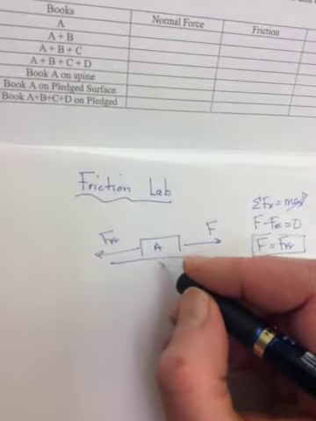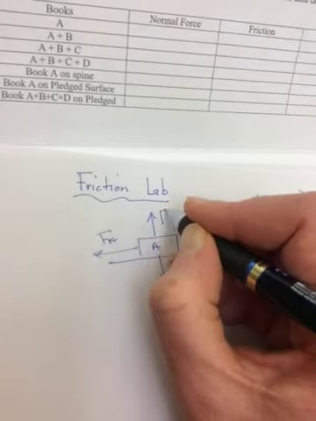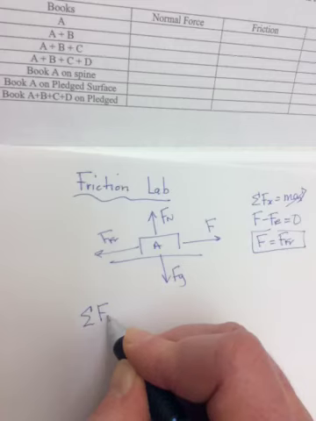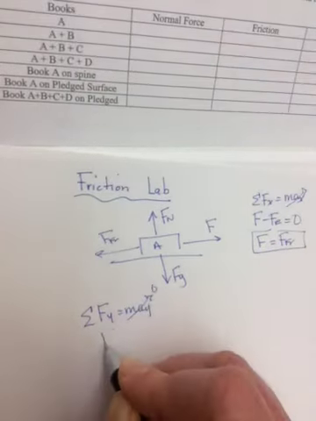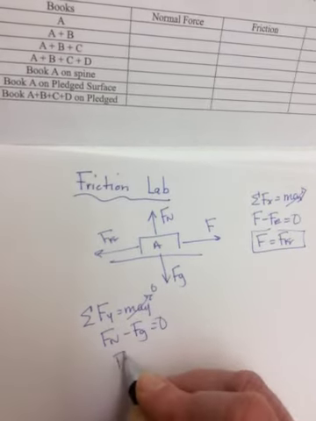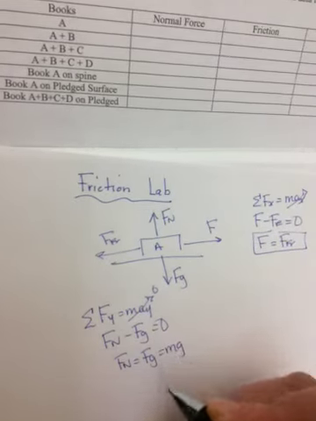The normal force is what tends to mess people up. So Fg going down, Fn going up. So when you do sum of the forces in the y direction, it'll be Fn minus Fg, just like it always is, equal to 0. So Fn will equal Fg, which will equal mg.